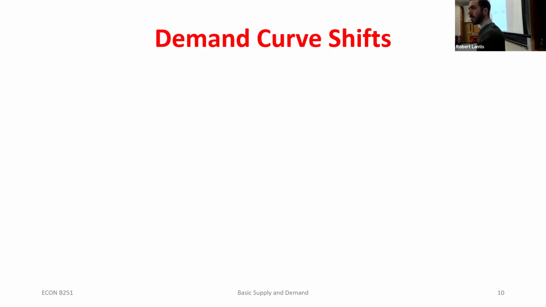How did I get market demand? At every price, I took the quantity demanded of both individuals and added them up. So my market demand will always be what? Relative to the individual demand curves, it's always going to be higher because I'm looking at the sum of every single person who wants to buy this good.